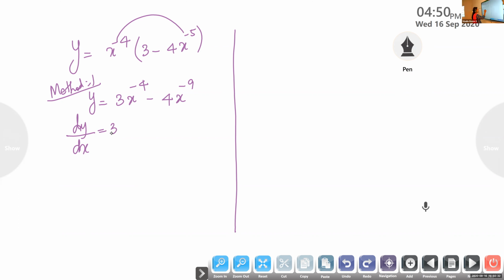Here, listen, 3 into minus 4 x raised to minus 5. Is it clear? 3 into x raised to minus 4. What is the derivative of x raised to minus 4? Minus 4 into x raised to minus 5. Again, minus 4 is there.